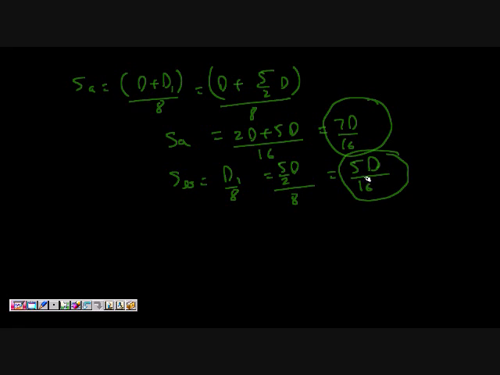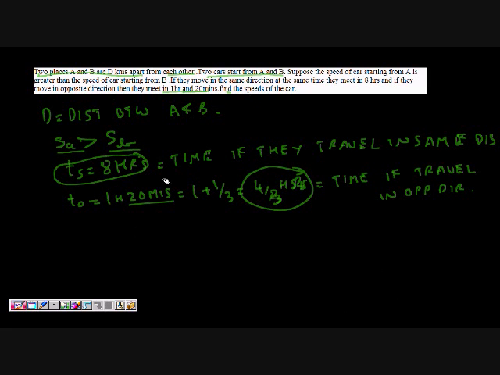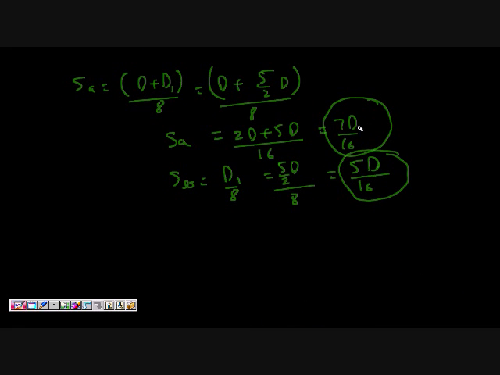Now, how do you verify if your answer is correct? Let's say that the distance between these two stations is 80 kilometers. If D is equal to 80 kilometers, then speed of A is equal to 7D by 16, which is 7 into 80 divided by 16.